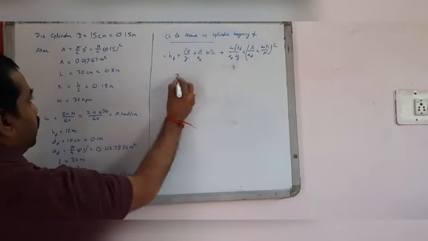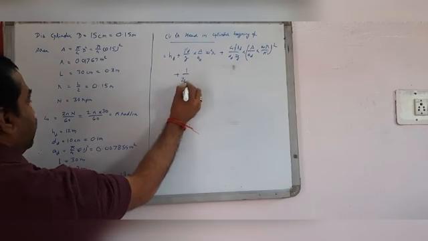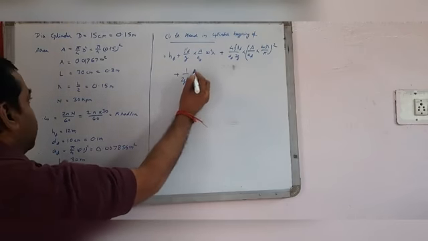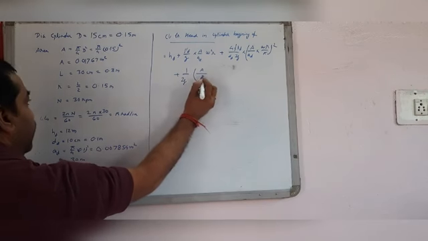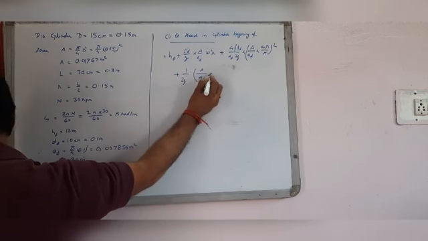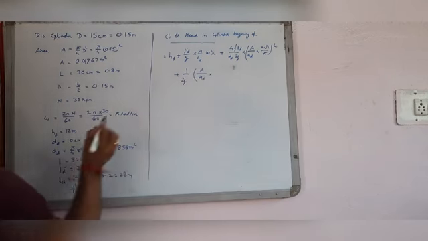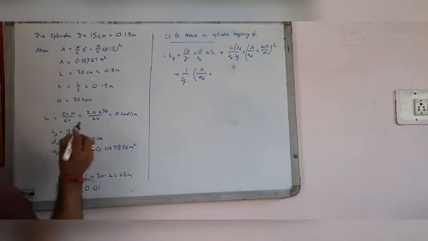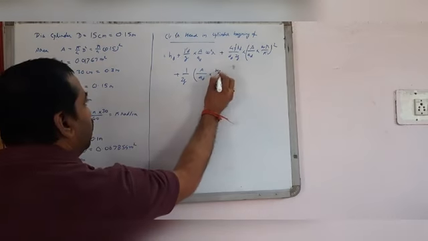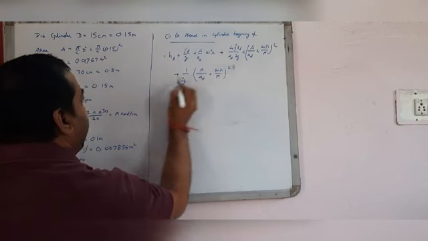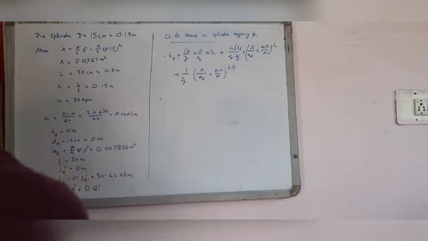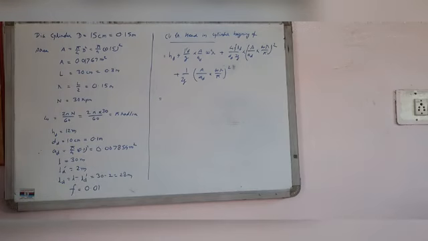plus 1 by 2g into A by AD into omega R by pi whole square. This is the pressure head.